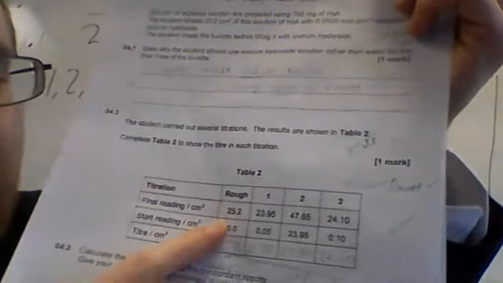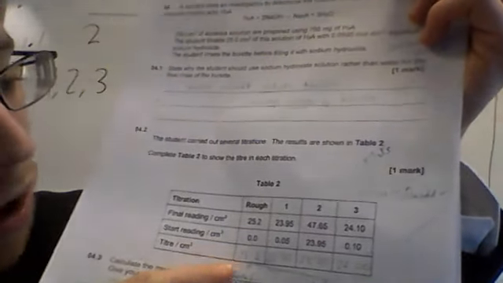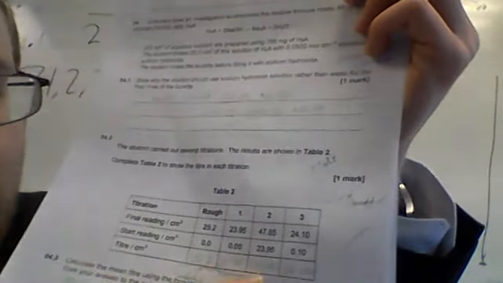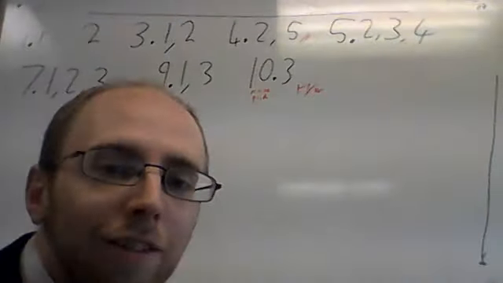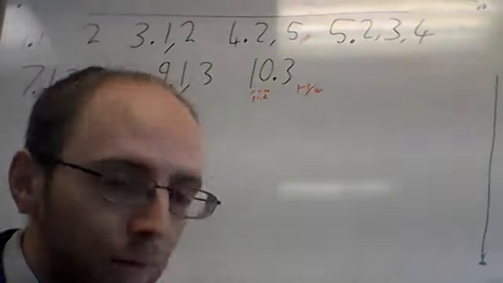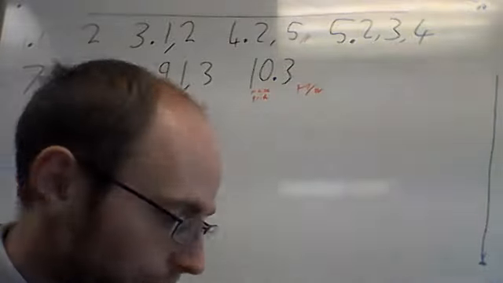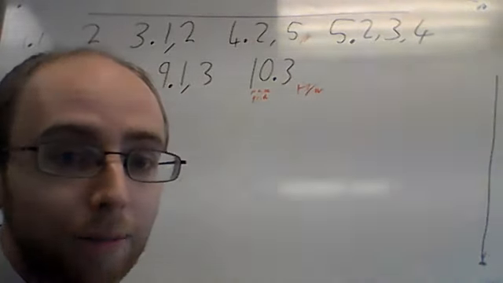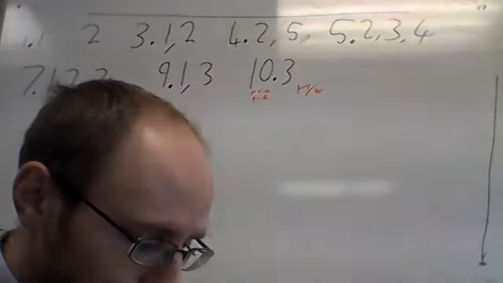The rough one, because they're being a bit rough and they're not really checking exactly how much to add in, they've only done to 1 decimal place. So your answer needs to be to 1 decimal place. The student has then, for their accurate ones, done these to 2 decimal places. So your answer needs to be to 2 decimal places. What an irritating student. I would not like to teach that student because they have annoyed me. There we are. Just be vigilant with your decimal places.